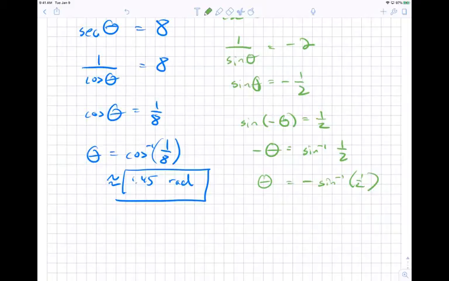I think that was a little bit overkill. I don't think we had to do that. We could have done, as an alternative, theta is going to be inverse sine of a negative 1/2. Do we get the same results if we do those? I think they should be opposite signs.